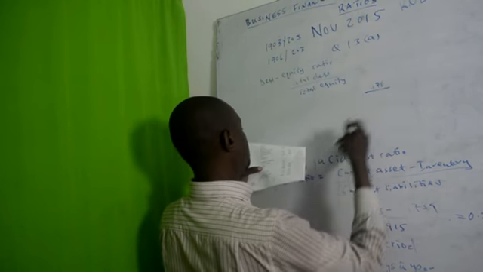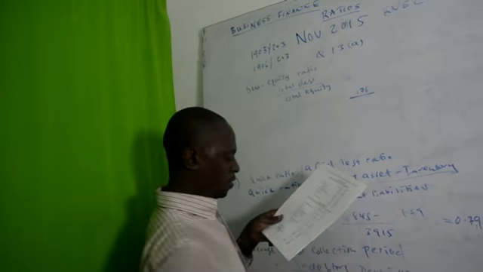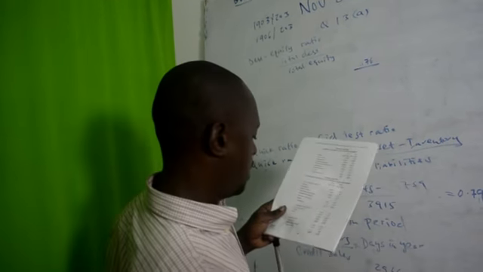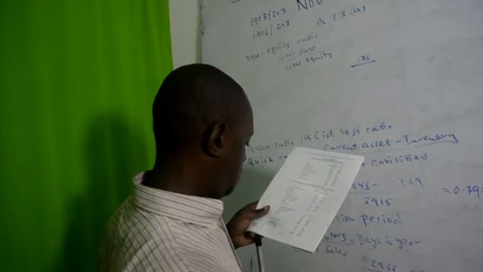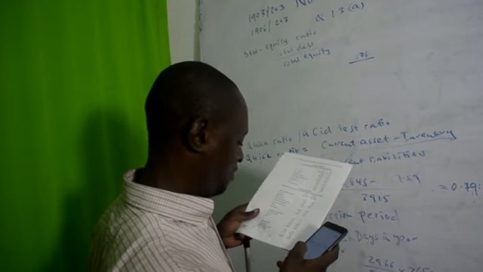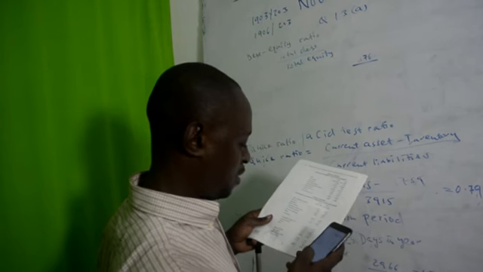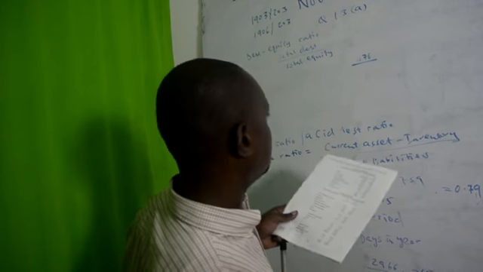So this is 1176. You divide by equity. So equity is, we add 3500 plus 5130, that is 8630.